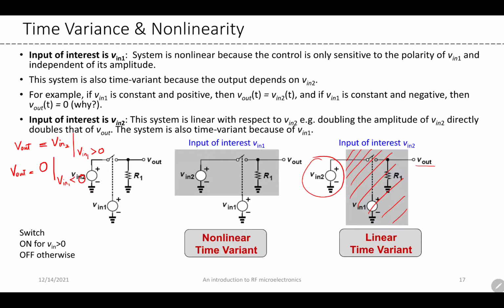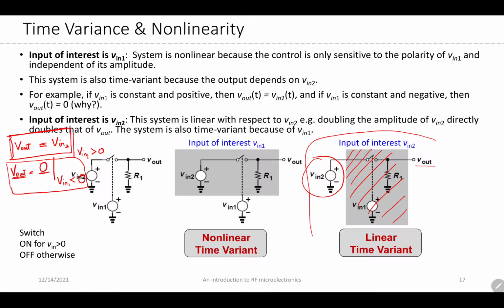But in this case, we're not concerned with how V in 1 changes, right? For a given V in 1, if I double V in 2, V out will double. And the zero case does not apply because then we're not talking about V out as a function of V in 2. In this case, V out is constant anyway.